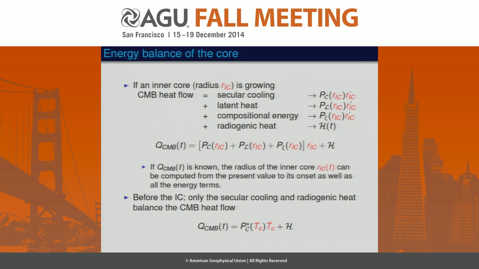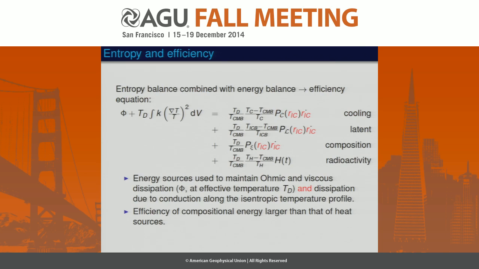The second equation is an entropy balance, which can be combined with the previous equation to get an efficiency equation, where on the left-hand side we have all the dissipation terms, and these are maintained by the same four terms times some efficiency factors, which are different for each term.